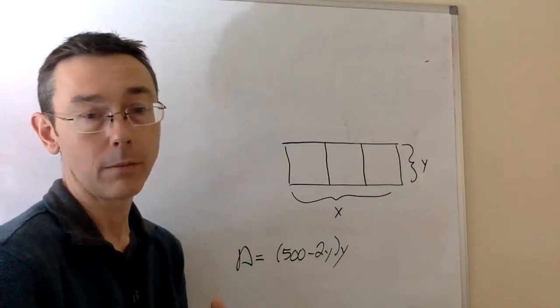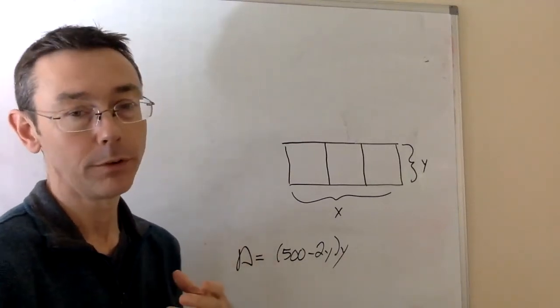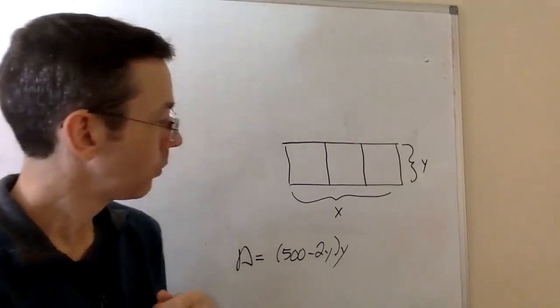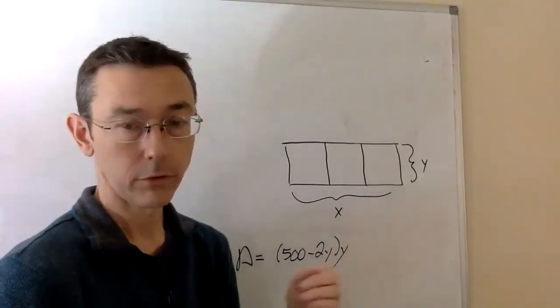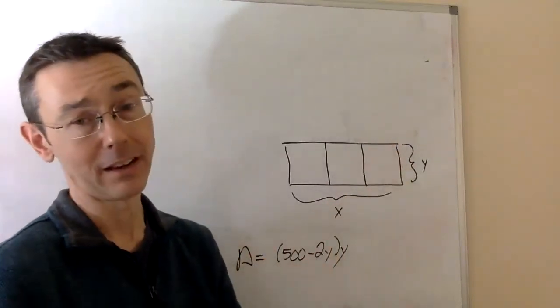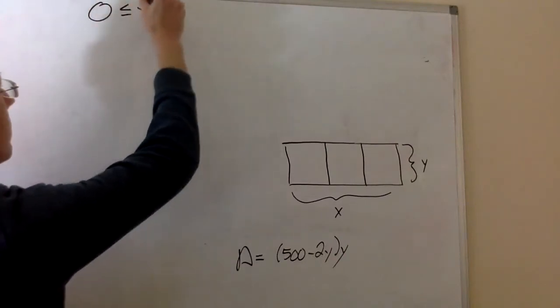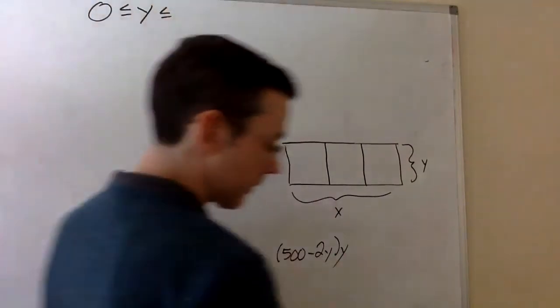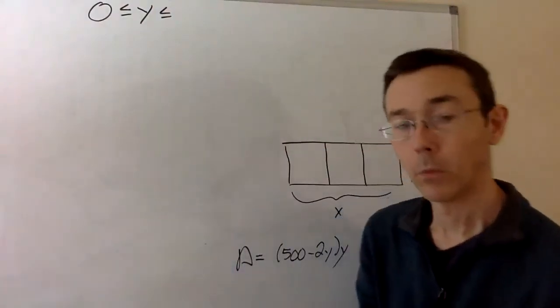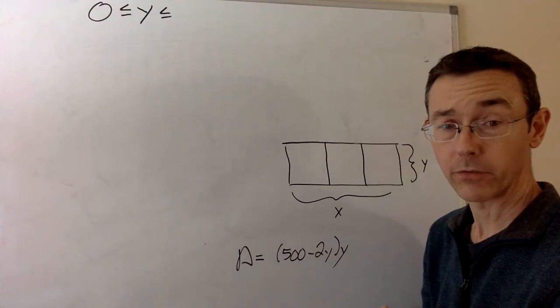We also have to think about what values of y actually make sense given the real-world considerations. So what do I mean? Well, first of all, y is the width of the pen. That can't be negative. What about an upper bound? Well, we know that the farmer has 1,000 total meters of fencing.